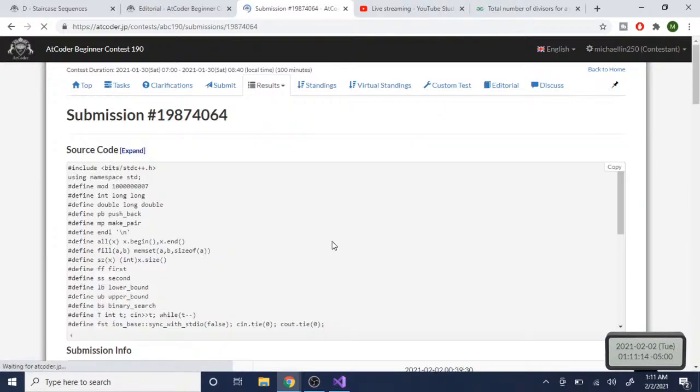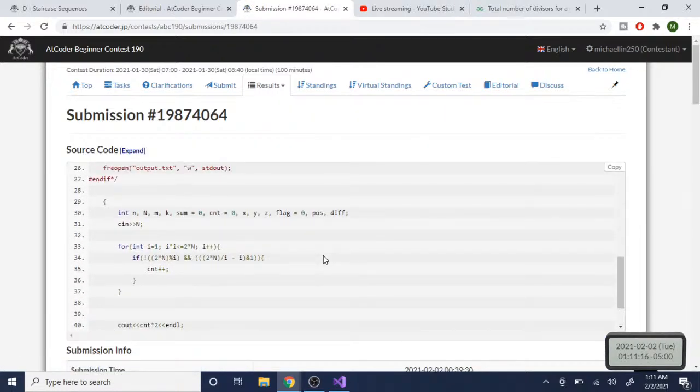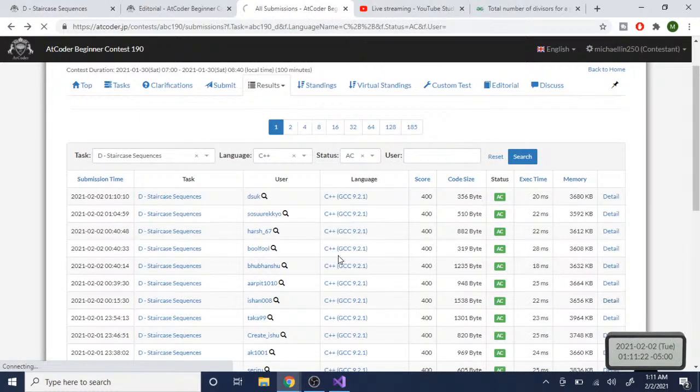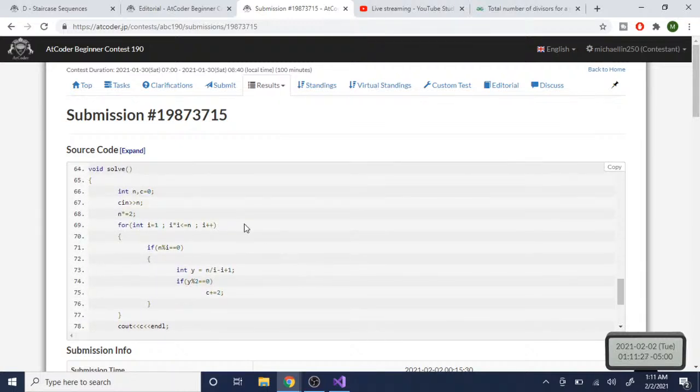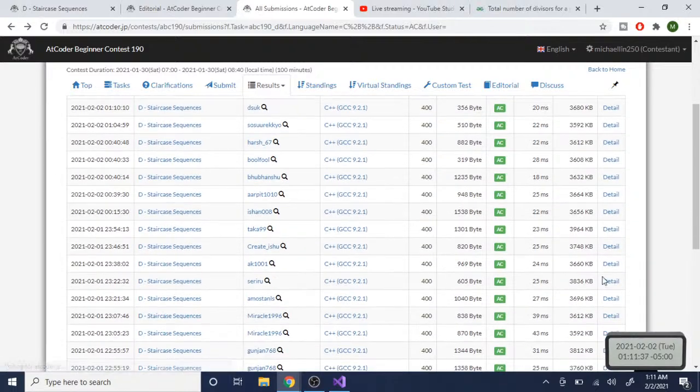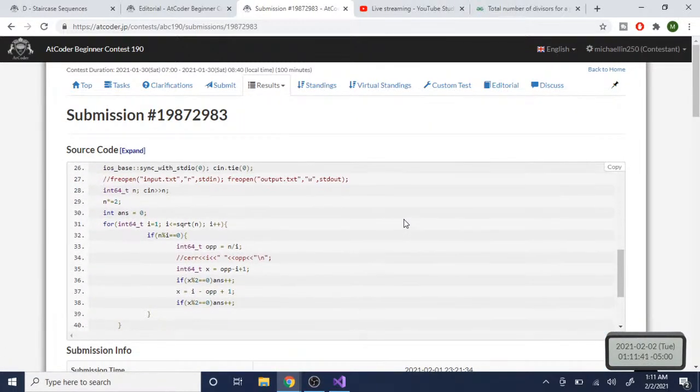So let's look at D. Okay, yeah, I don't understand this. Why do we add by 2? That's what I don't understand. Why aren't we adding by 1? Let's look at this.